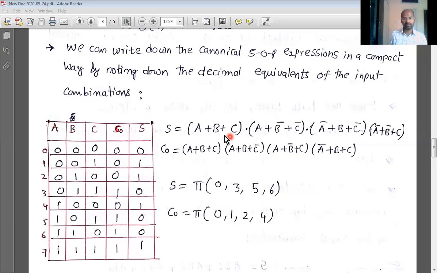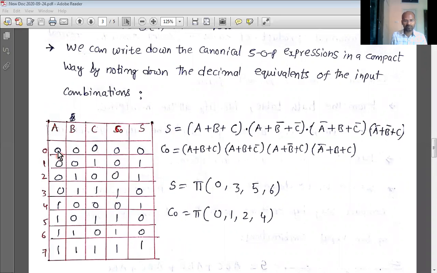So when you multiply all the possible maxterms, the false maxterms, that forms the canonical product of sums. This is the expression for sum. This is the canonical product of sums expression for CO, which is carry. Now let's see how we get it. There is one combination here which produces 0, another here, another here, and this is the last one.